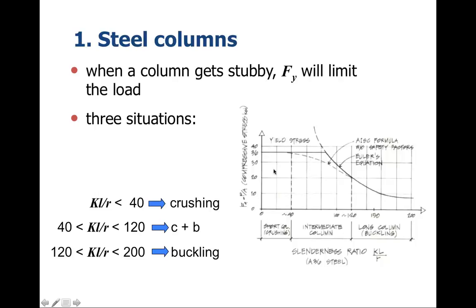So the column here is behaving as a short, stubby column, and we're looking at crushing. Between 40 and 120, which relates to this zone right here, we're something in between. We have both crushing and buckling. We have to be concerned about both of those. And between 120 and 200, we're in this range right here. In this case, we're really dealing with long columns and potential for buckling in those columns.